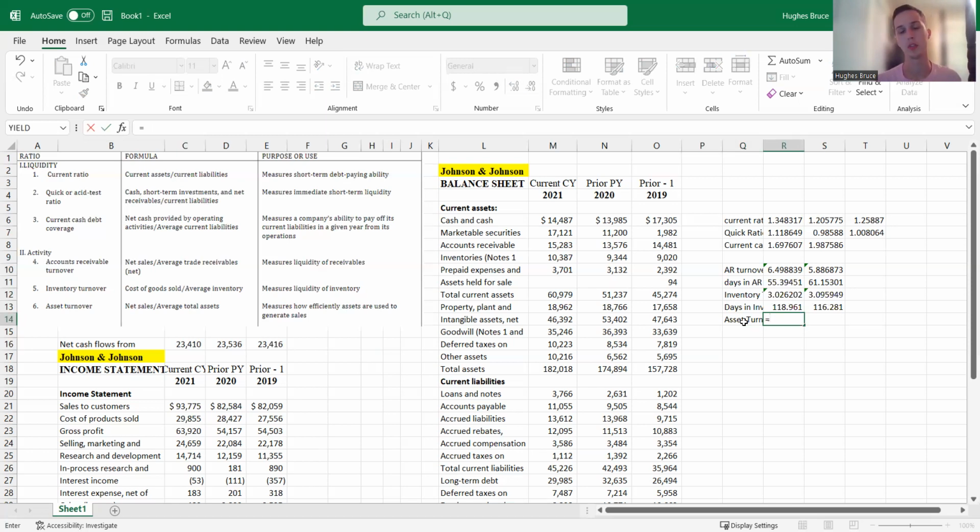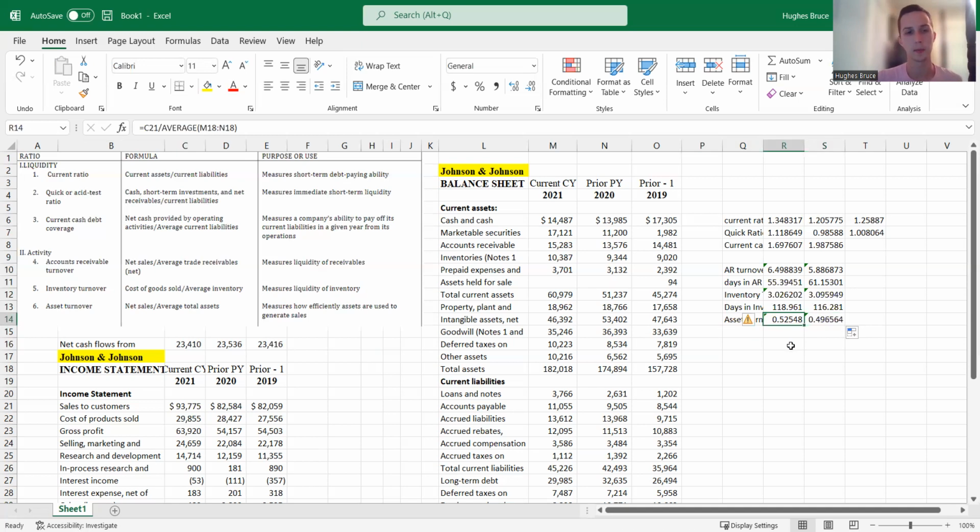So you ideally want this number to be higher. The way that you calculate this would be sales divided by average total assets. Again, you can use the average function there.